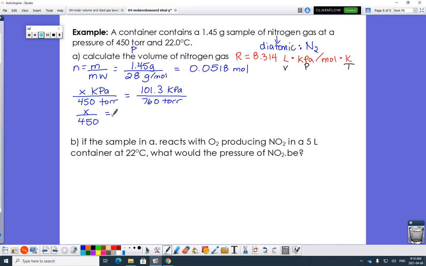So you can do 101.3 divided by 760. Or you can cross multiply. You could do x times 760 equals 450 times 101.3. You should get the same answer.